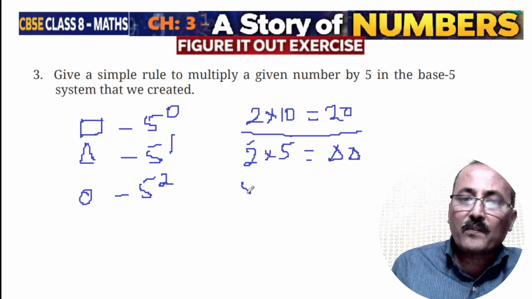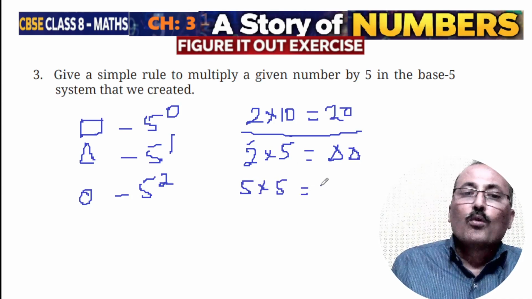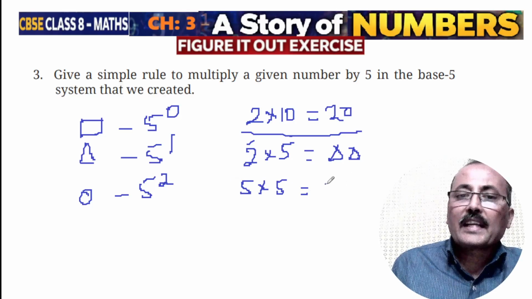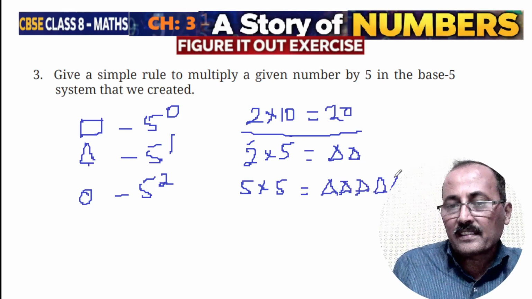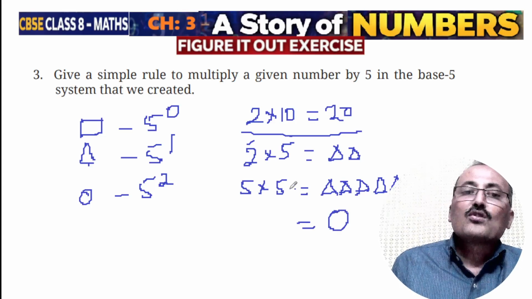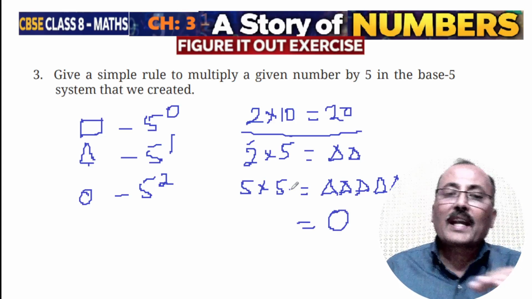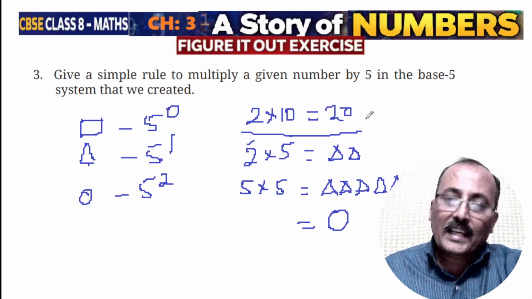Suppose it is 5 into 5. We have to write this 5 times, but we know it is going to be upgraded to the next level, the circle. So multiplying by 5 means you are always writing the next level.